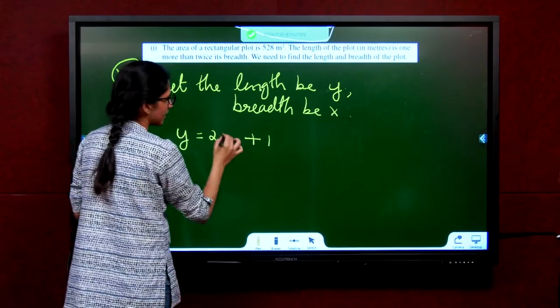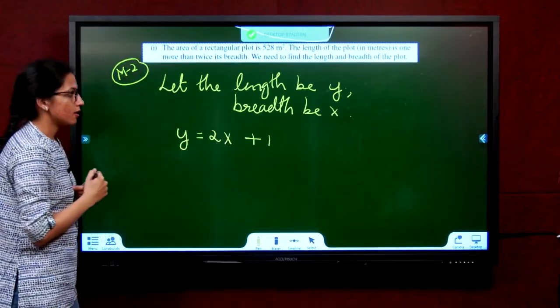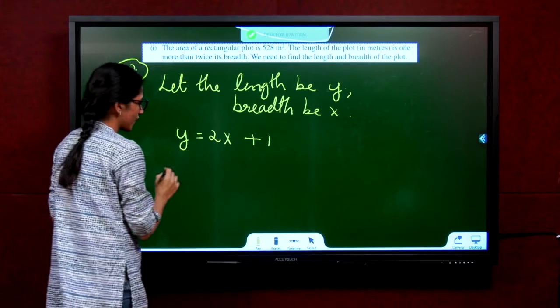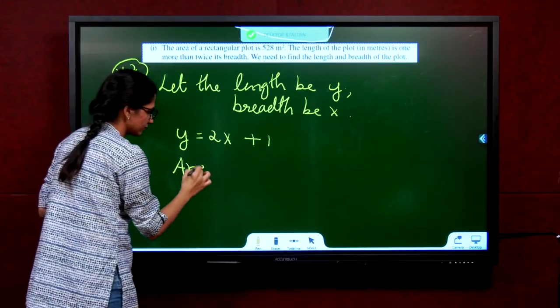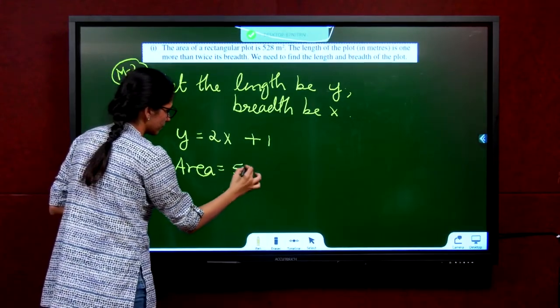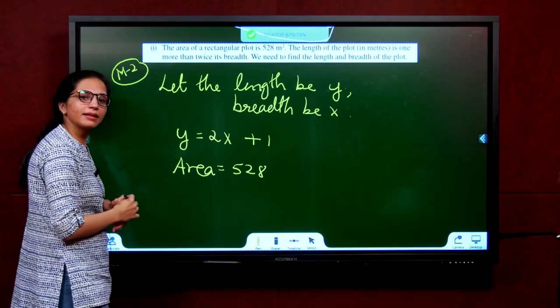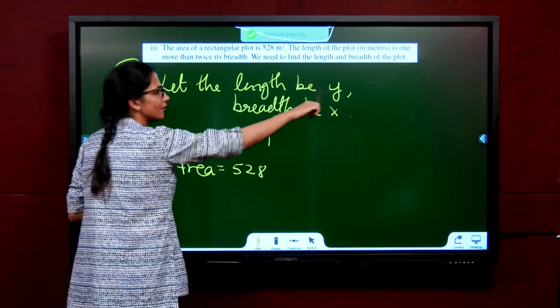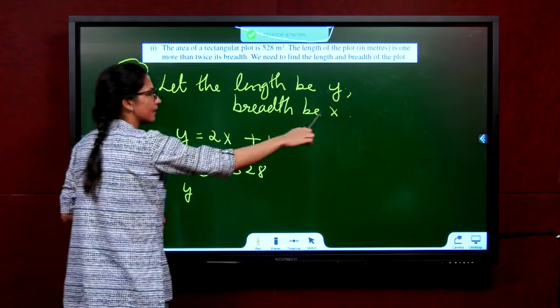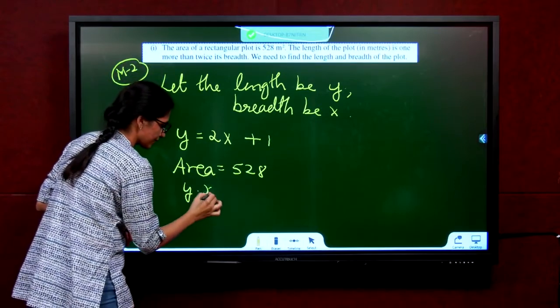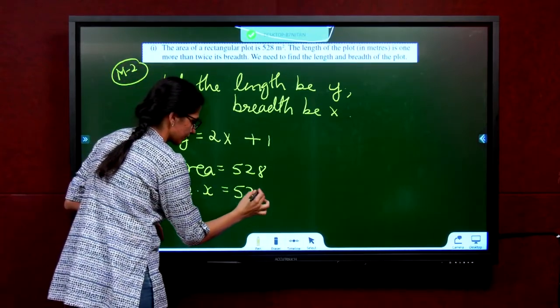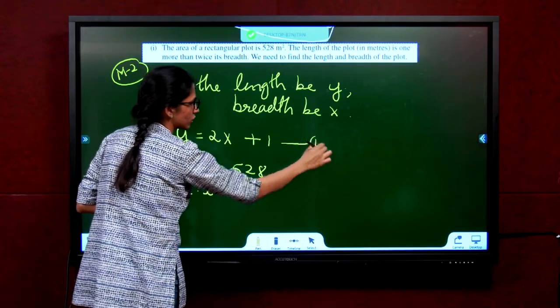Who is the breadth? x. Now they've given area is 528. Area is nothing but length into breadth. Who is the length here? y. Who is the breadth? x. Label this as equation 1.